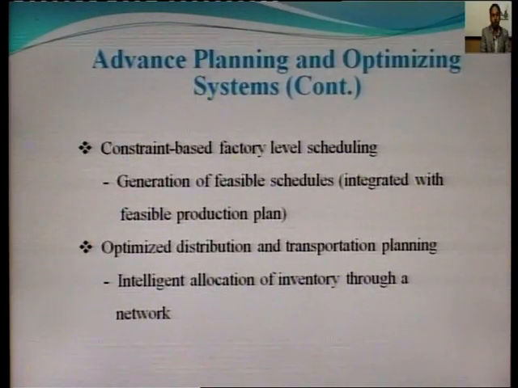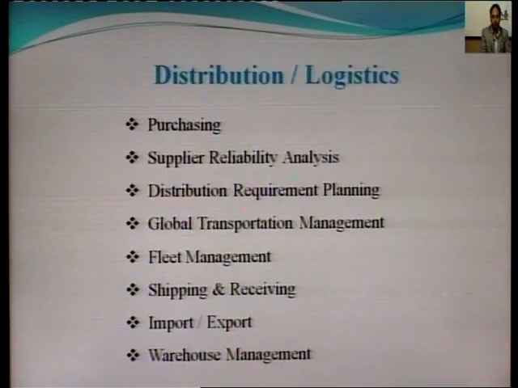This department provides optimized distribution and transport planning, intelligent allocation of inventory through a network. This department is responsible for intelligent allocation of inventory. Means if there is a lack of inventory in some department, then this department will automatically supply the inventory to that particular department through a network.